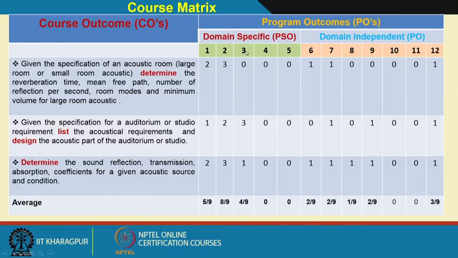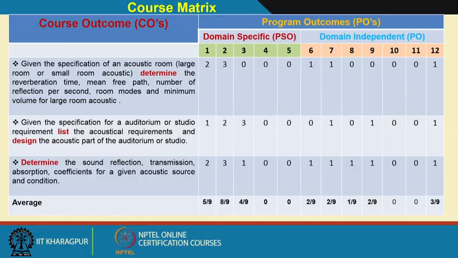Program outcomes 1, 2, 3, 4, 5 are domain dependent, domain specific, and 6, 7, 8, 9, 10, 11, 12 are domain independent. Those are the domain independent and those are the domain dependent.